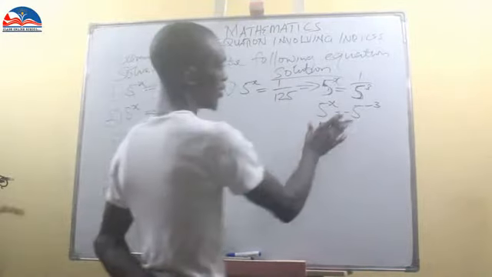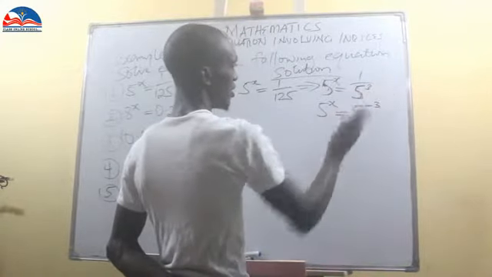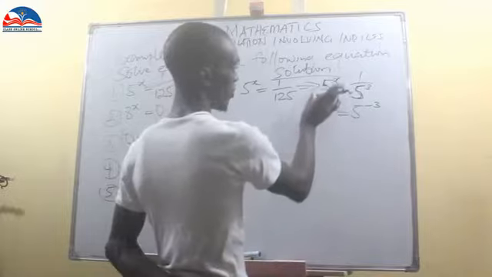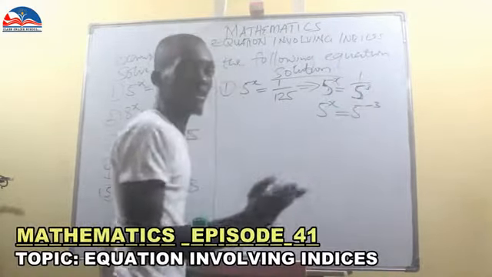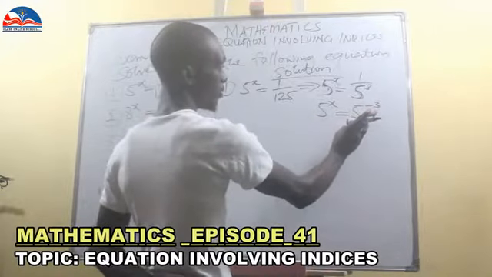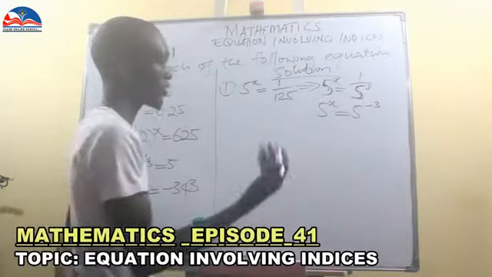So this expression 1 over 5 index 3 is the same thing as 5 index minus 3.